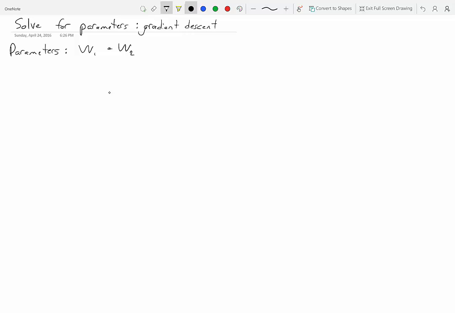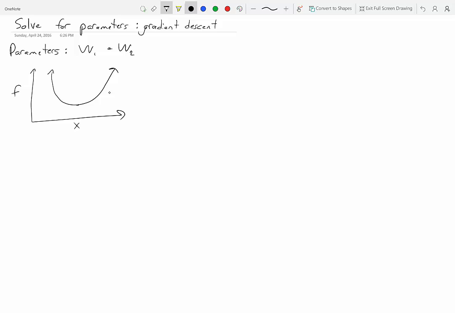So this is a slight detour. Let's say we have some function. I'm just going to draw it. x is on the x-axis, and the function f is on the y-axis. Let's say it's something simple, something parabola shaped. Now, the goal of gradient descent is to get to the bottom of the function. So I want to end up at the lowest point, which is right here.